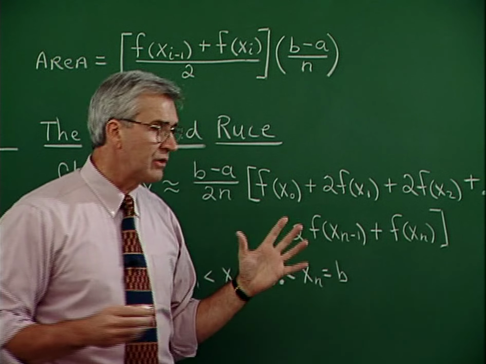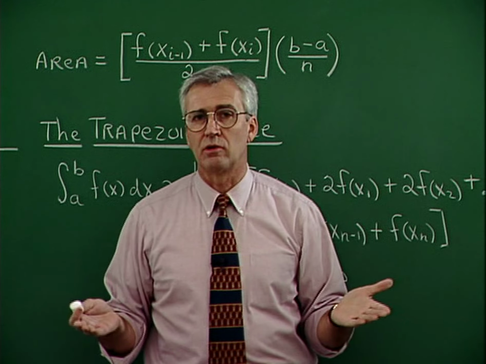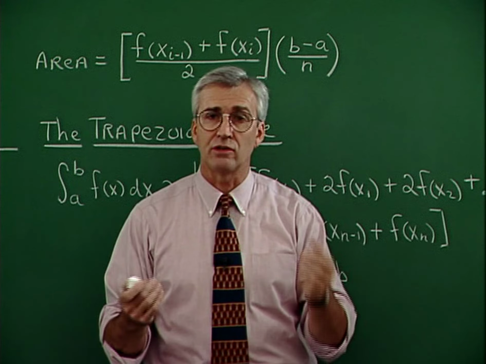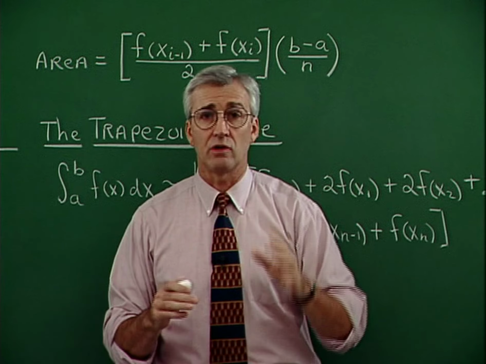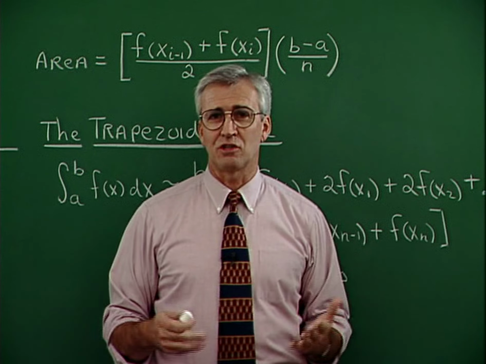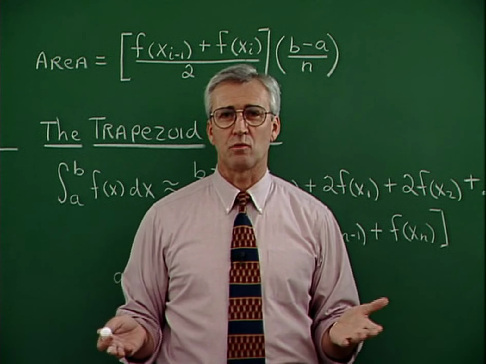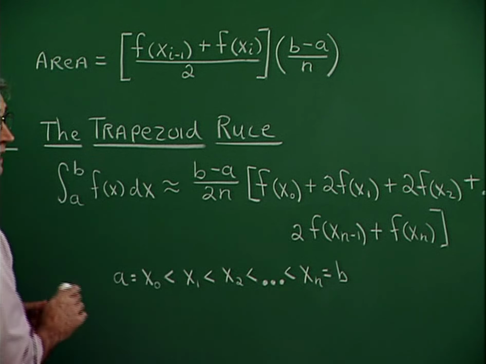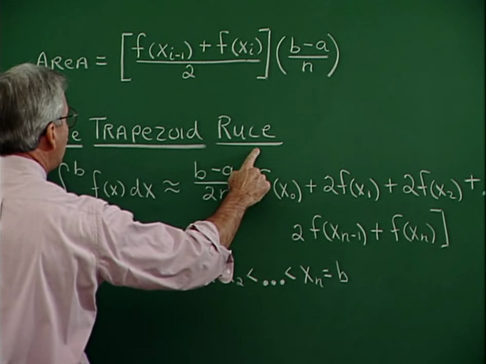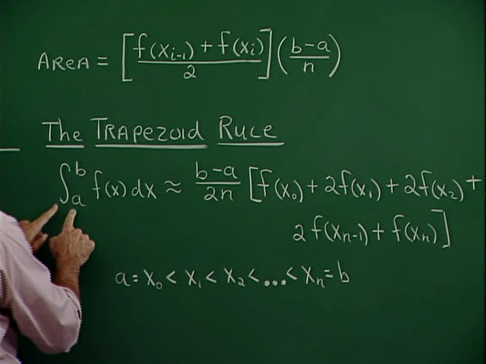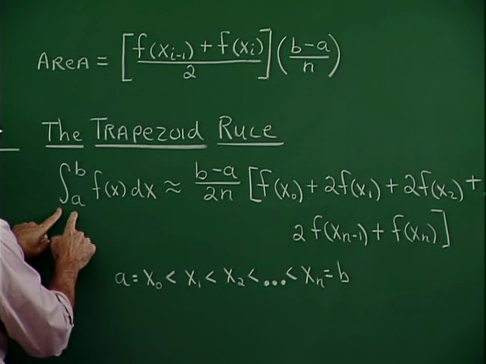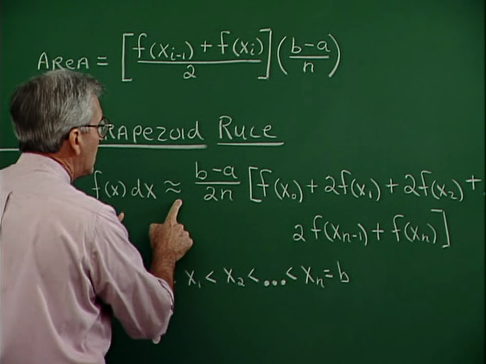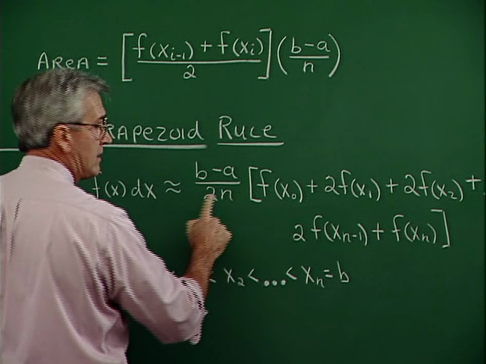Now, I'm not going to show you the algebra involved in the development of the trapezoid rule; you can look at it in your textbook, and I invite you to do that. But I'm just going to show you the results of it. This is more of a historical note than anything else, as we mentioned before, and quite an optional kind of event, I'm thinking. But the trapezoid rule says that the integral from a to b of f of x dx is approximately b minus a over 2n.